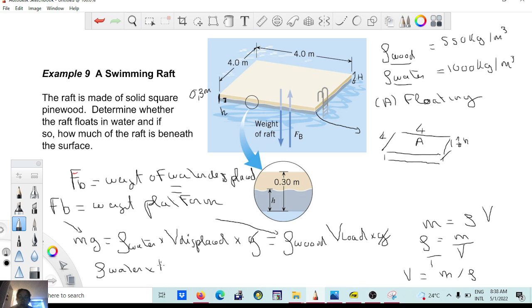So it's going to be the small h times the area, 4 times 4, equals the density of your wood. Now the volume, in that case, is the whole volume. So it's going to be the area times H. H is this, okay? This is the total height here. And this is the small h. So you see, you can cross this out.